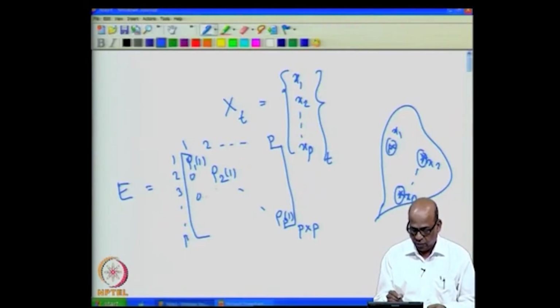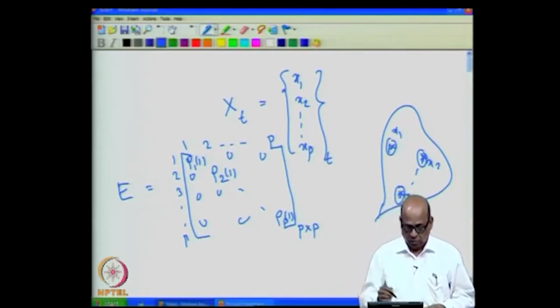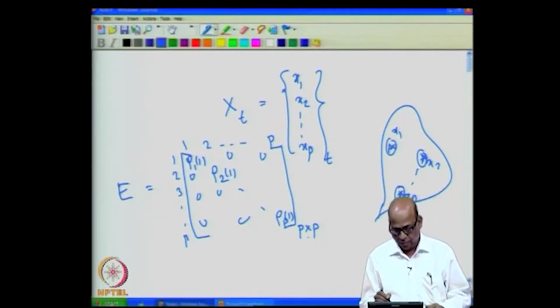So, that is why it is called a diagonal matrix. So, we form the E matrix by putting along the diagonals the lag 1 autocorrelations, 1 to 1, 2 to 2 and so on. So, this is how we get the p by p matrix.